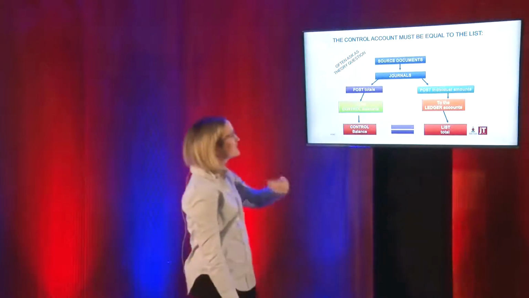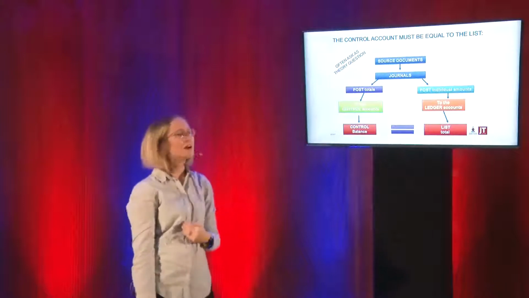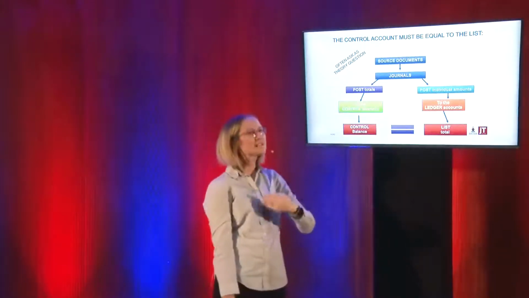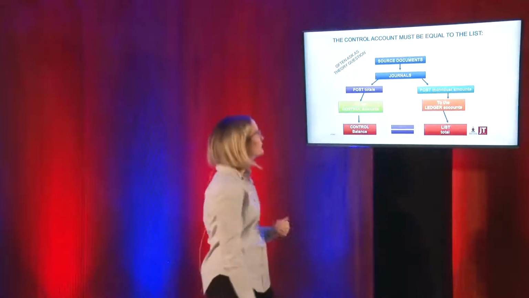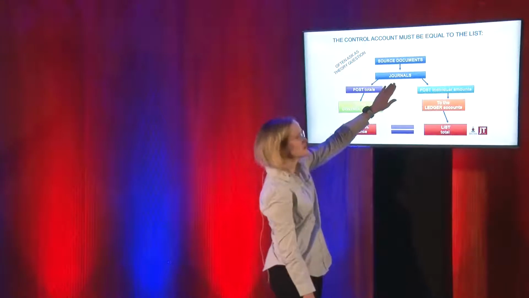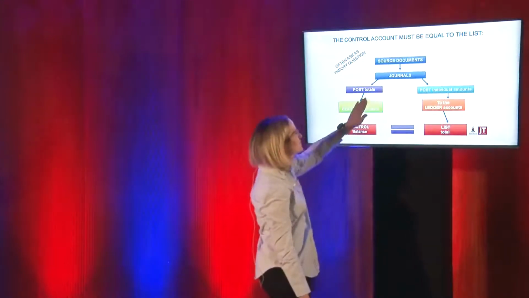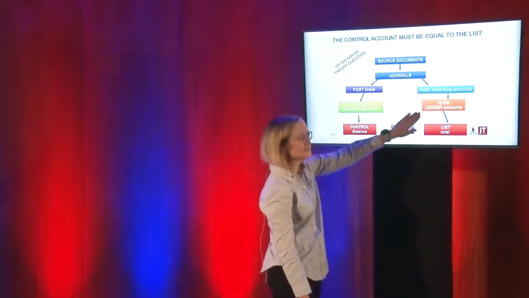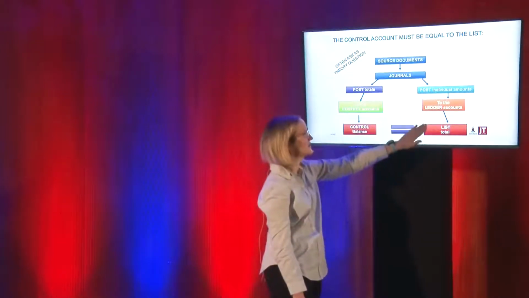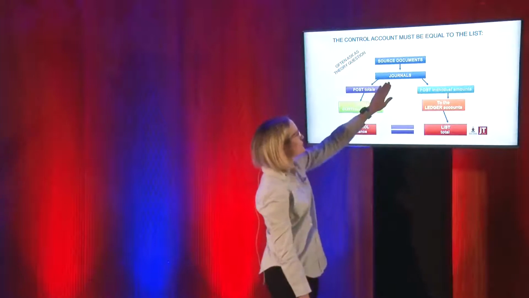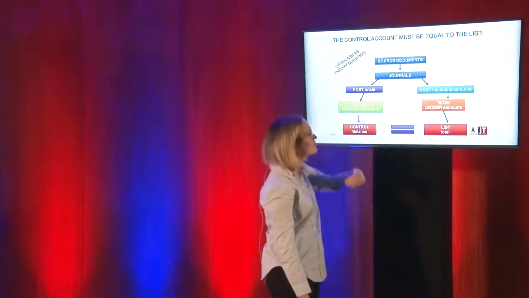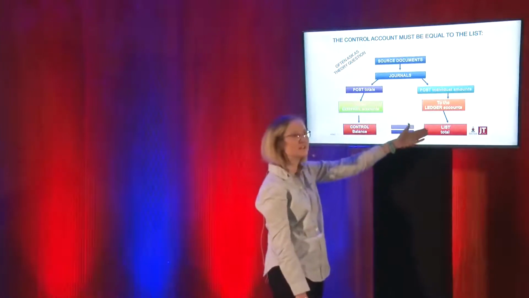If we made a mistake in the journals, we need to correct it in both places, the control account as well as the list. If we made a mistake posting to the individual's account, we only correct it in the list.